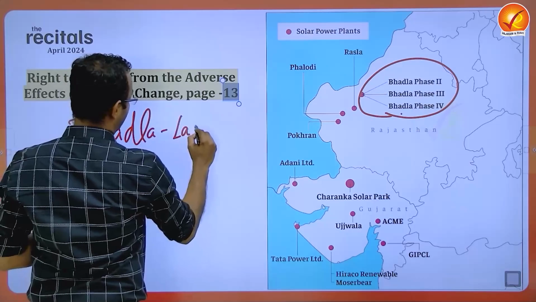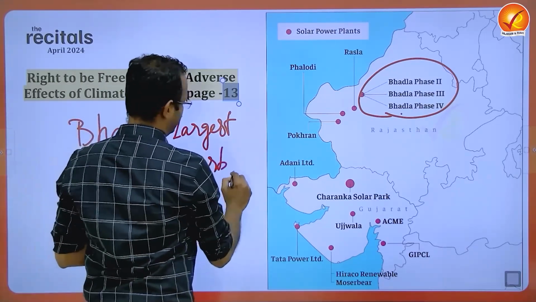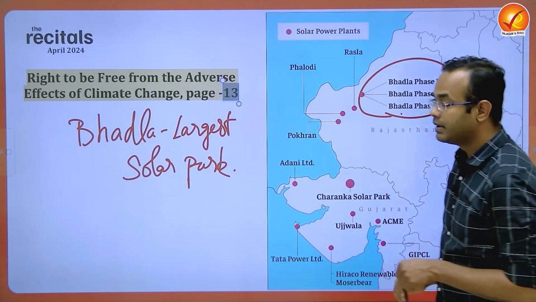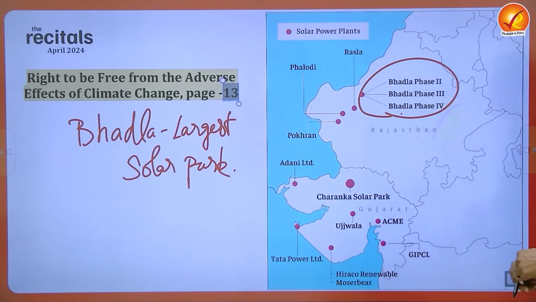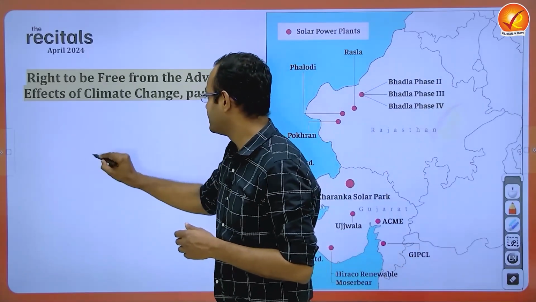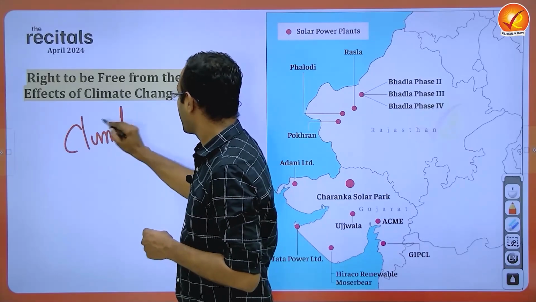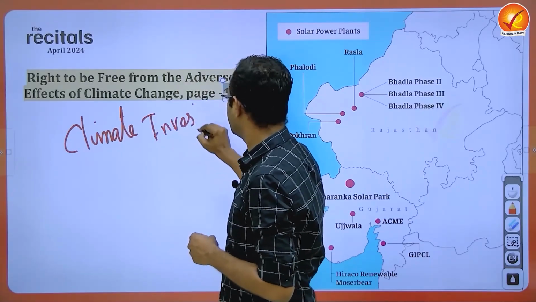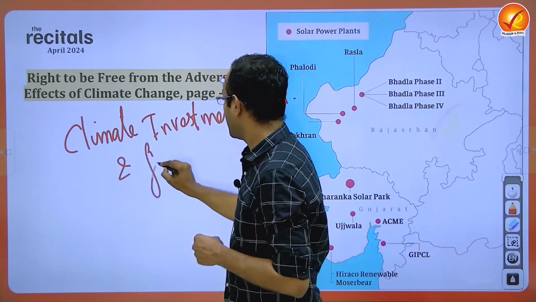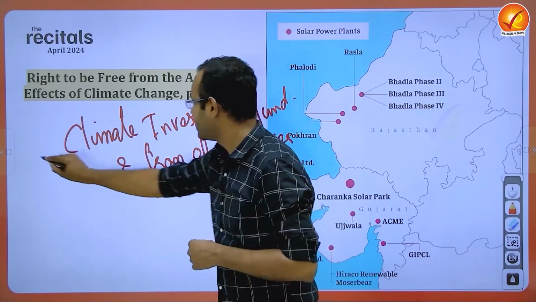Bhadla, largest solar park in the world by 2023. Hope it has been copied. The solar park has been established with funds partly from the Climate Investment Fund and from other sources.